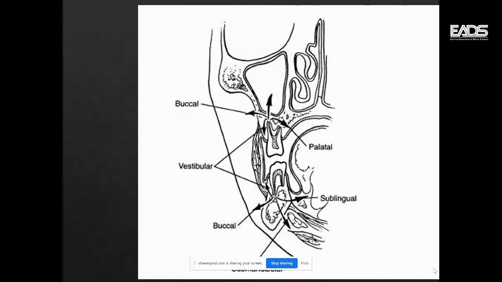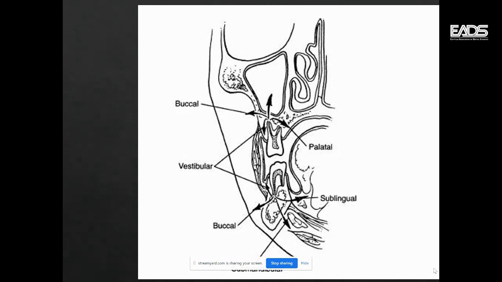So here is a small sketch of how it would look. We have teeth, we have the vestibule and the spaces that are around.